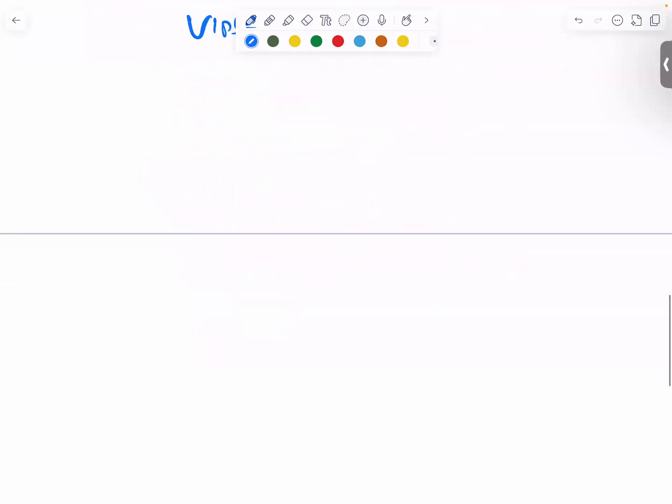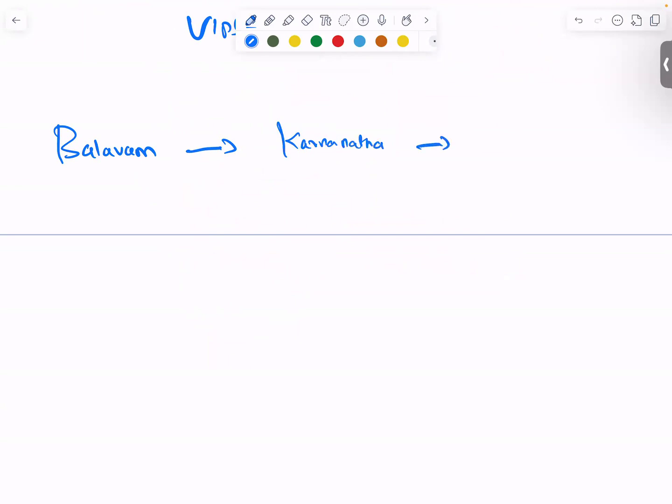Now let us take another Karanam, that is Balavam Karanam. For Balava Karanam, the Karana Natha is Rahu, and Adi Devata is Brahma.